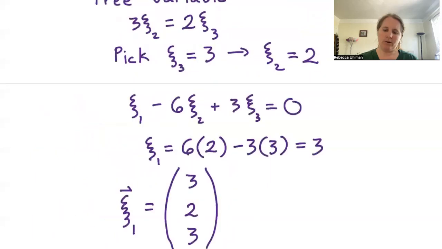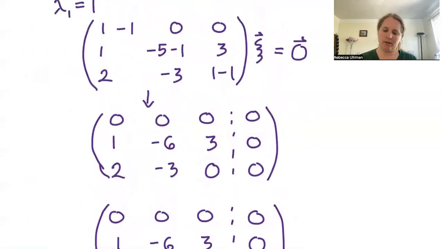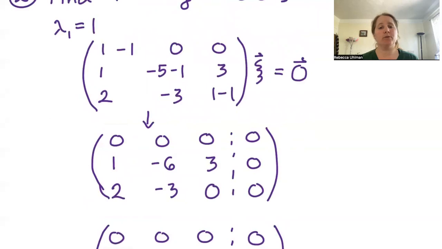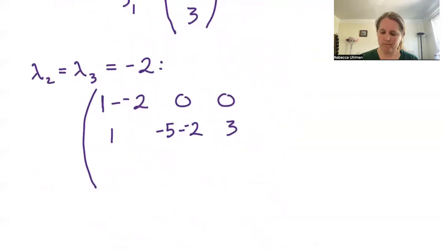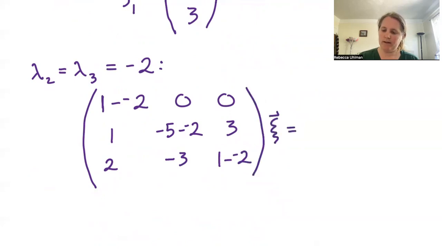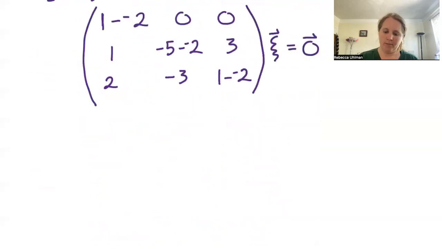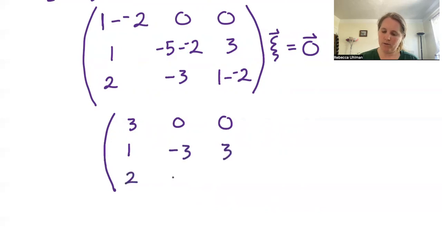And for our last row, we would have 2, -3, 1 minus -2. This is multiplying some vector xi to get the 0 vector. So we are looking at the augmented matrix 3, 0, 0, 1, -3, 3, and 2, -3, 3.